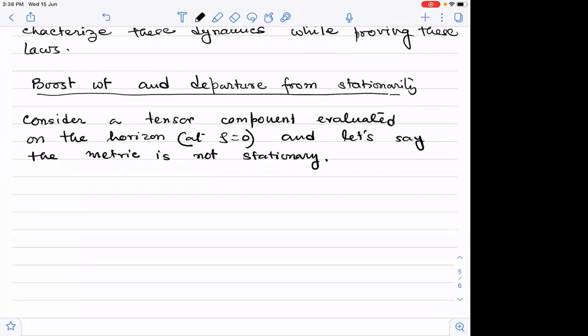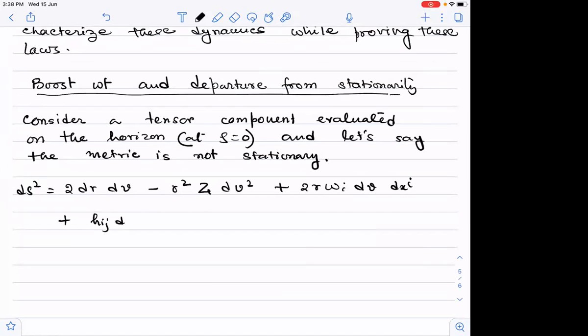So we could always write the metric in this form, even if it is not stationary. It has come from the stationary part also, but you can independently show that any metric with a horizon, and v being the affine parameter along the horizon generator, you can write it in this form.